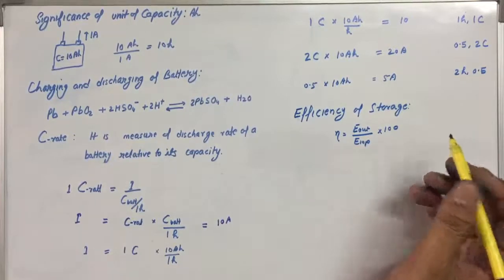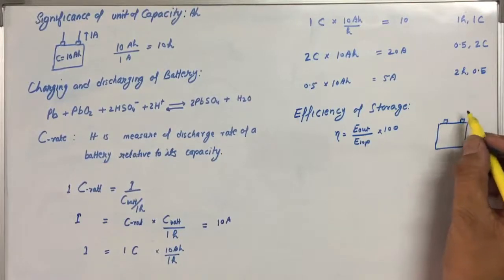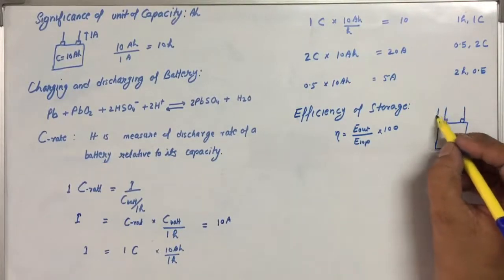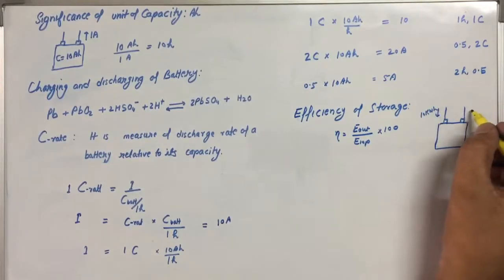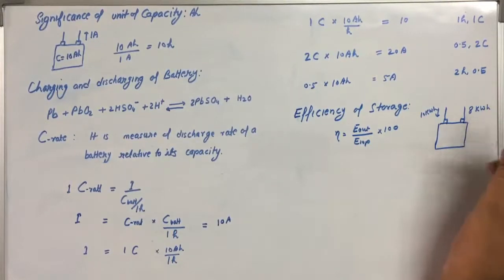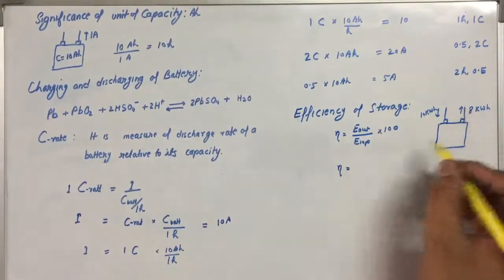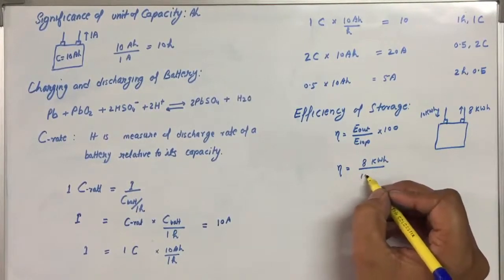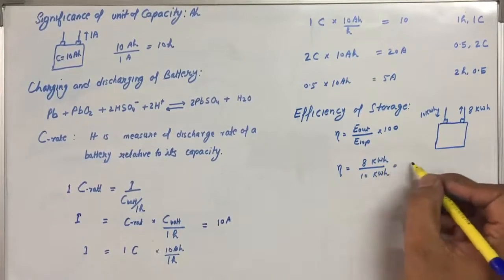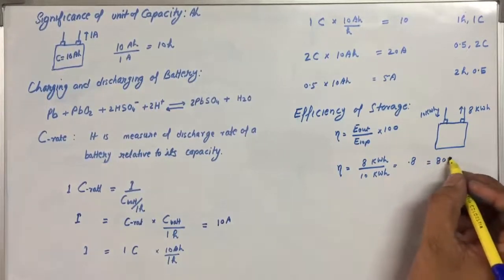So in the case of a battery, for example, if the charging is 10 kilowatt hour and it can discharge 8 kilowatt hour, then efficiency will be output energy divided by input energy, that will be 0.8, in percentage it will be 80%.